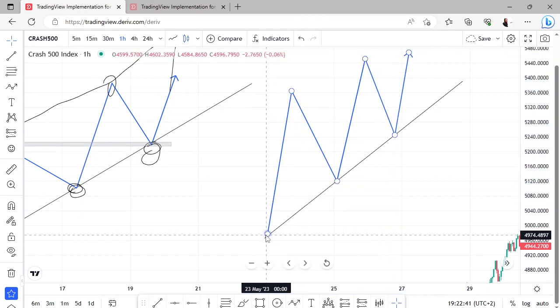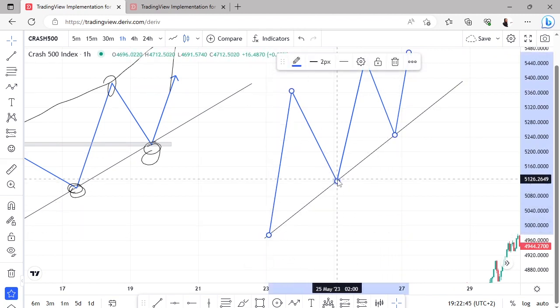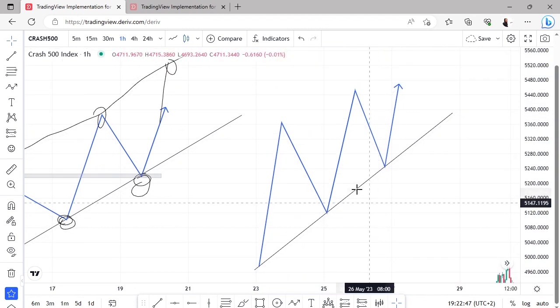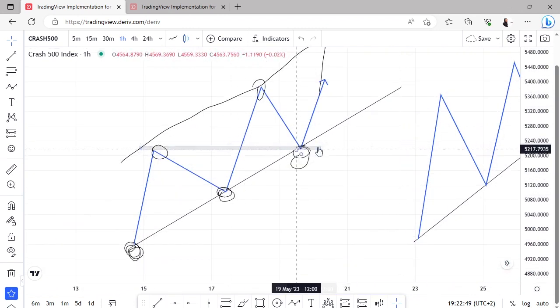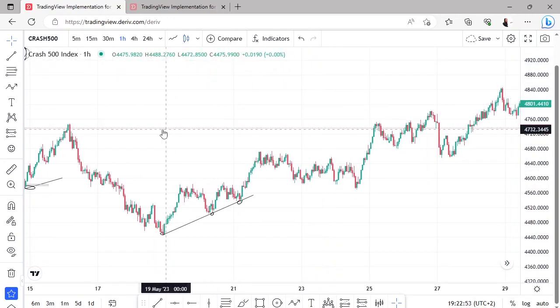So you can see we have 3 good touches here as well. This is our first touch, our second touch, and our third touch. But then we don't have zones inside this trend. So I have examples of those.